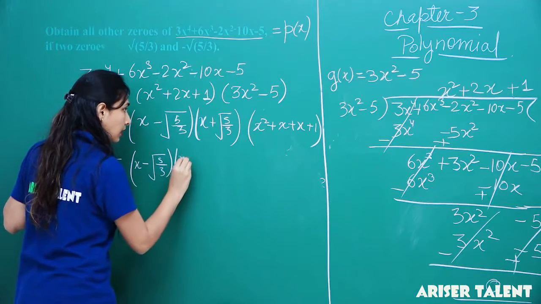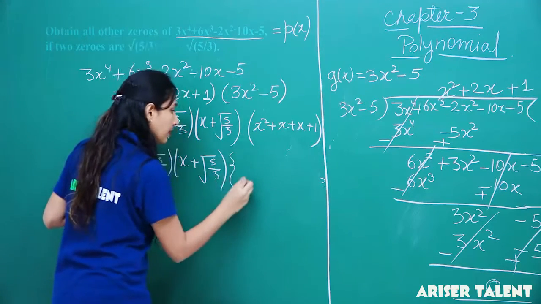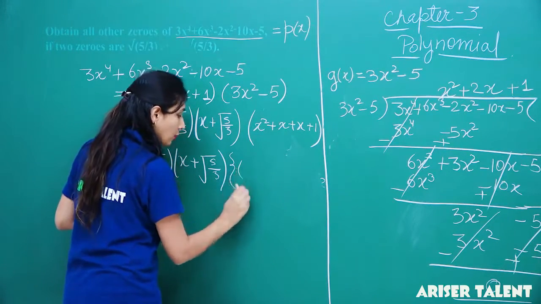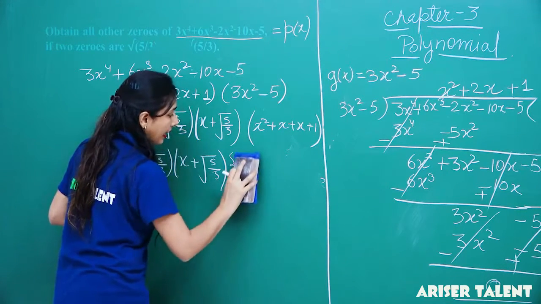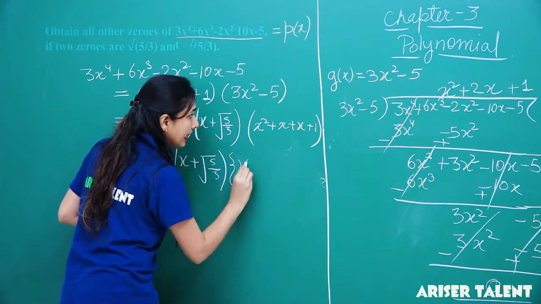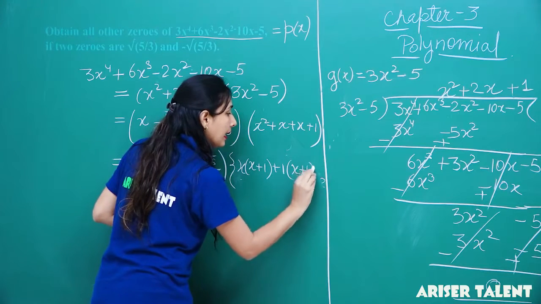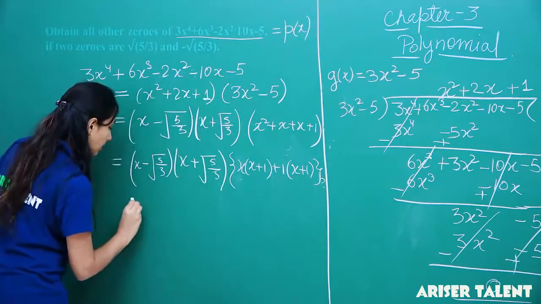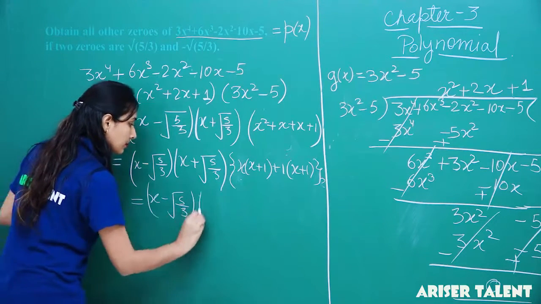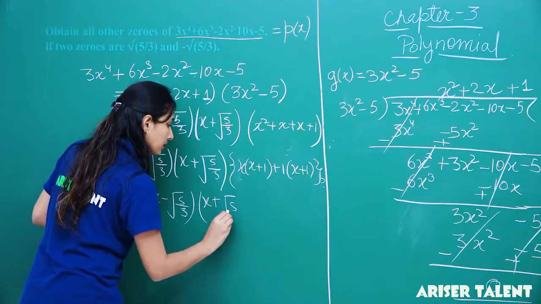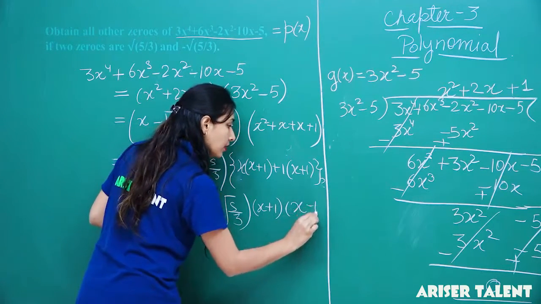Up to here we write the same, and here we take x common, so we get x plus 1. Here by taking 1 common we get x plus 1 again. Now that will become x plus 1 and x plus 1.